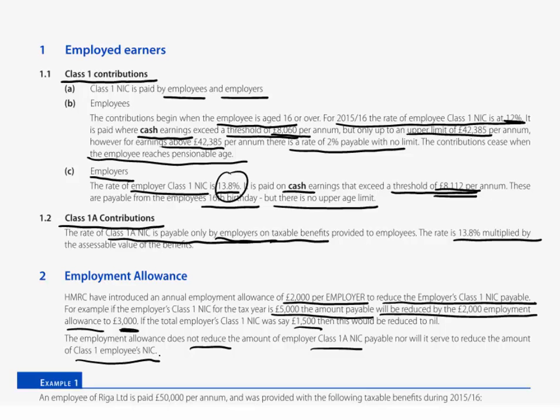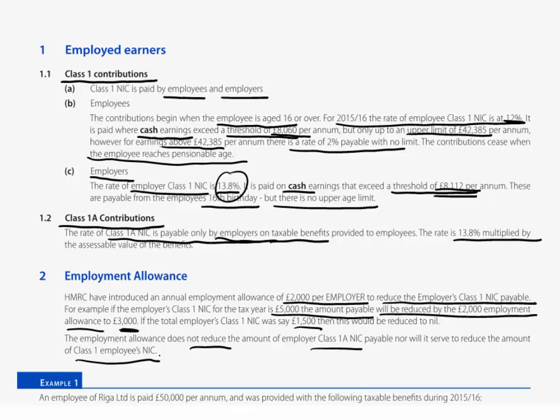So we now know, in relation to employment income, what NIC contributions may be made by the employee, Class 1 employee or primary contributions, and by the employer, again Class 1 NIC, but this time the employer or secondary contributions paid in relation to cash earnings.